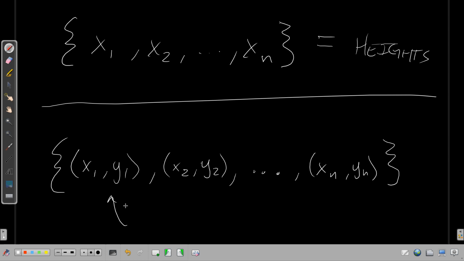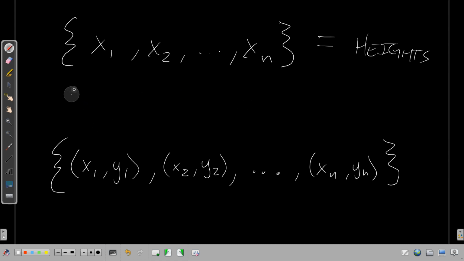So each point in the data set would be like a point in the XY plane. It's an ordered pair. So then not only would I be having this list of heights, but I'd also be having the shoe sizes as well.